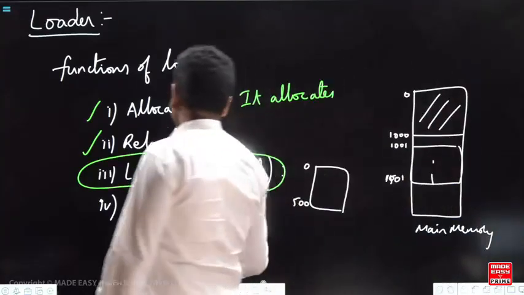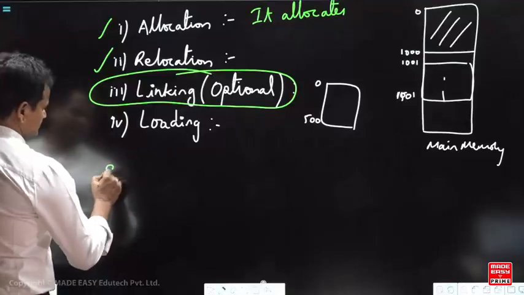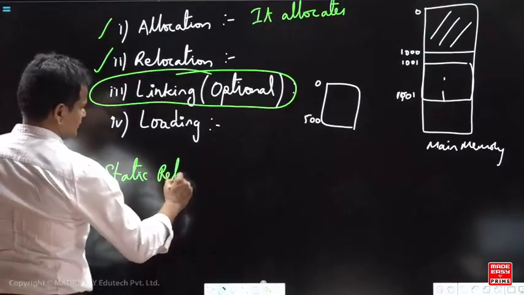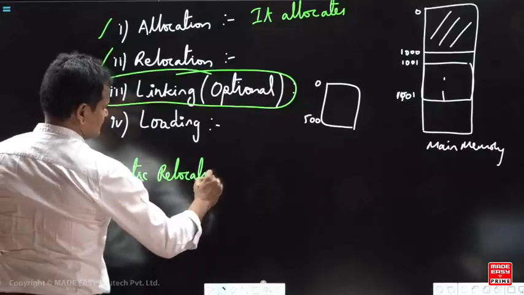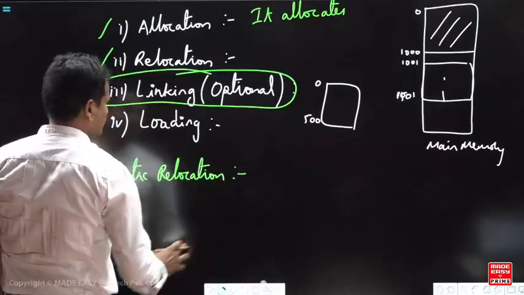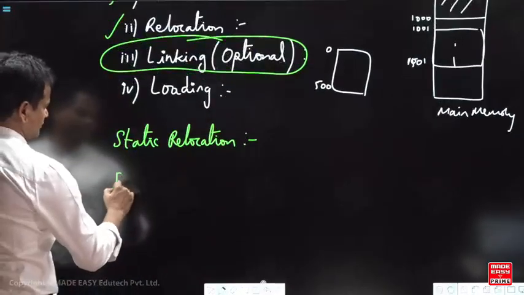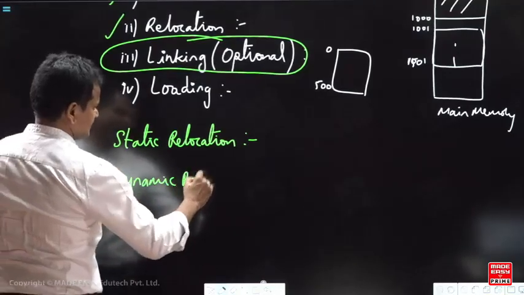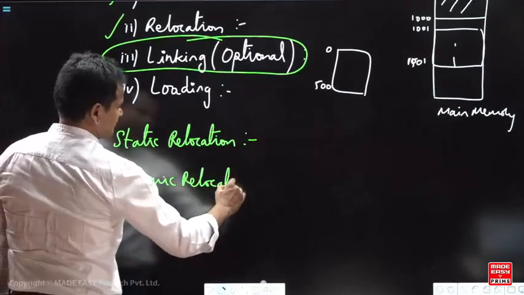Okay, so relocation can be of two types: static relocation, which is done during the loading of the program, and dynamic relocation, which is done at the execution of the program.